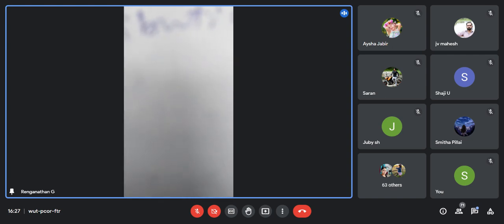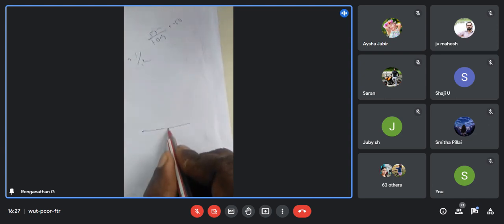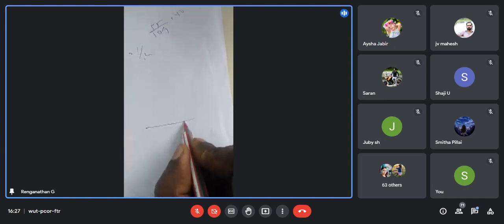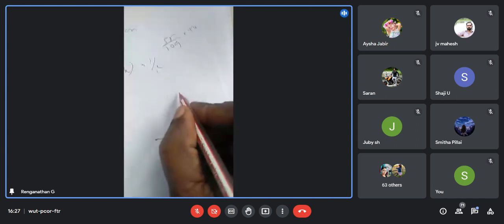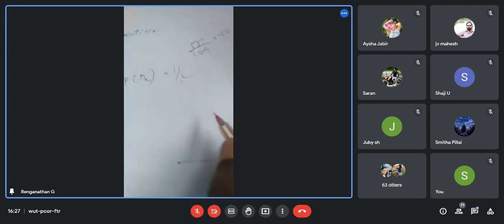That means there is equal chance of getting a tail, isn't it? So the total number of chance is equal. Getting or not getting, it is equal. And when it is distributed in a graph, we will get a normal distribution curve. That means we can classify the overall chance as 100% or 1.